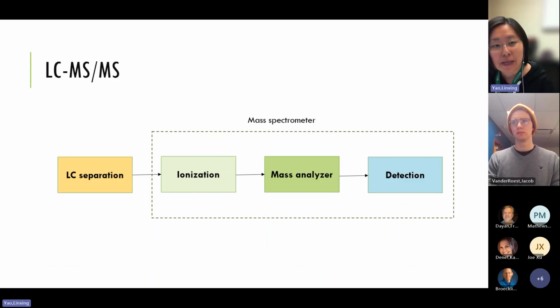The LC tandem mass system starts with LC separation, followed by ionization, then being analyzed by a mass analyzer, and then detection. The last three steps all happen on the mass spectrometer. Next, I'll briefly go over each in the next few slides.